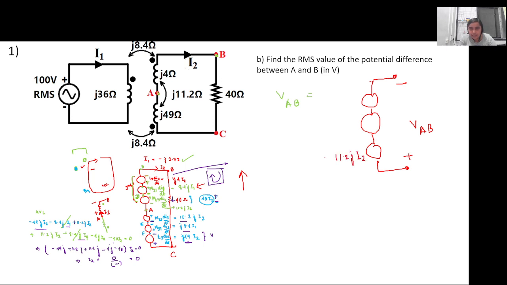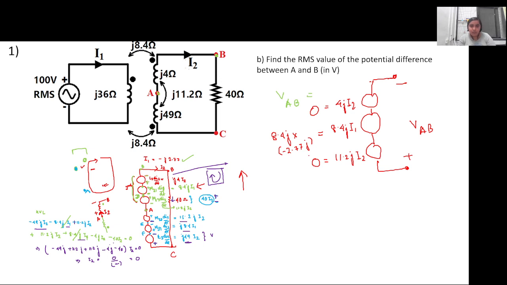Since I2 is 0, this will be equal to 0. Then 8.4j I1. I1 has a finite value, so it will be 8.4j into minus 2.77j. Then again in this case it is 4j I2. Since I2 is equal to 0, this voltage will be equal to 0.